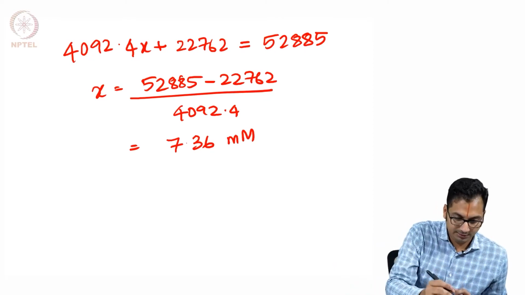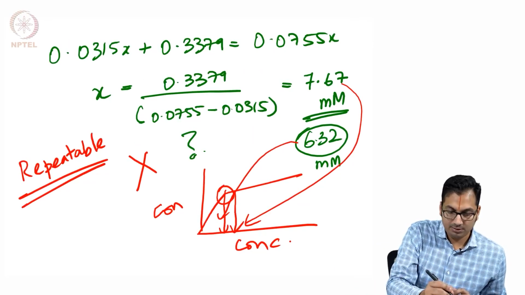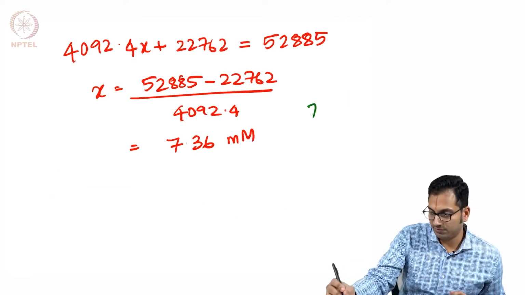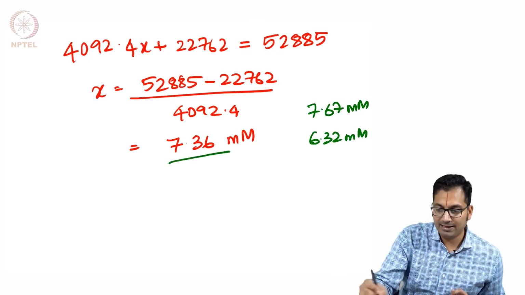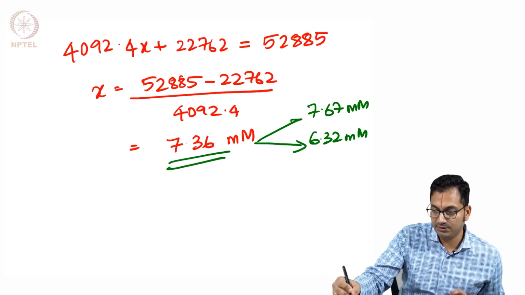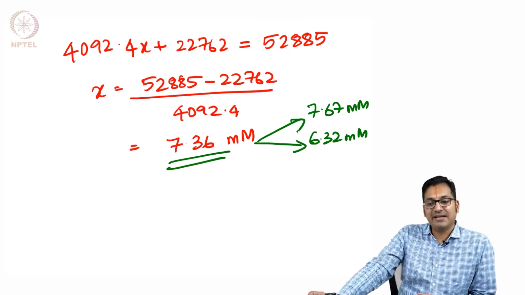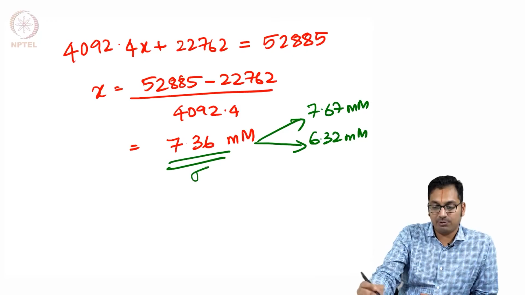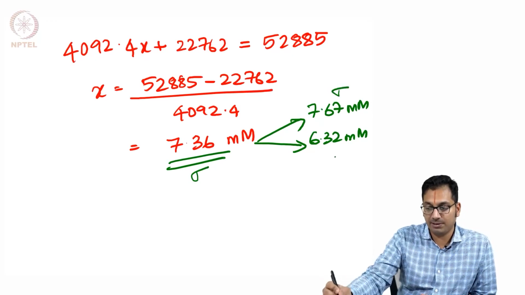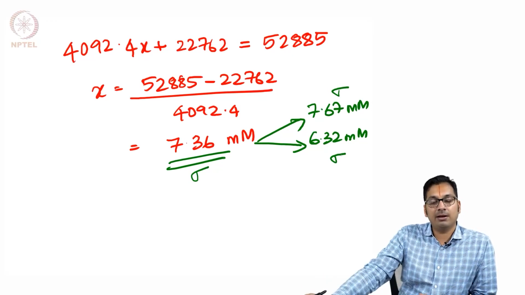I would like to recollect what values we got. We got 7.62, 6.7 and 6.32, and you realize this value is in between these two values, which is correct. So once again, I hope this makes you understand that one has to understand the precision of each of these measurements so that we can compare the numbers across.